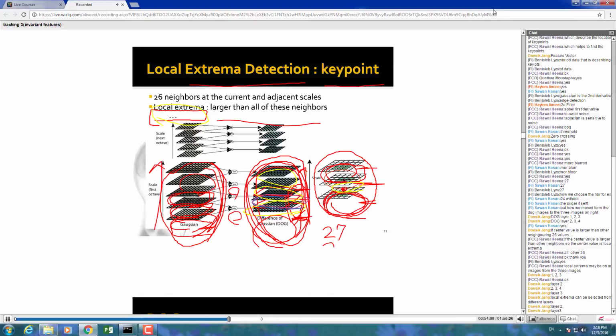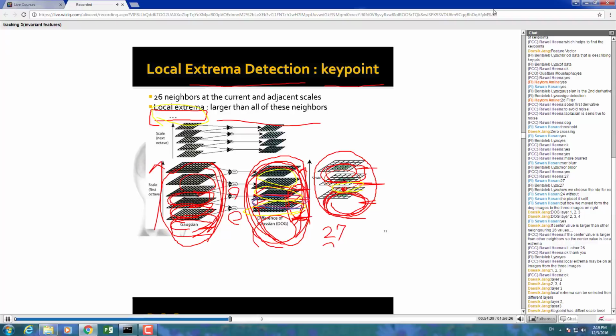So when we say key points, the result of the collected local extrema is key points, right? Each key point has a different scale level when it is detected.